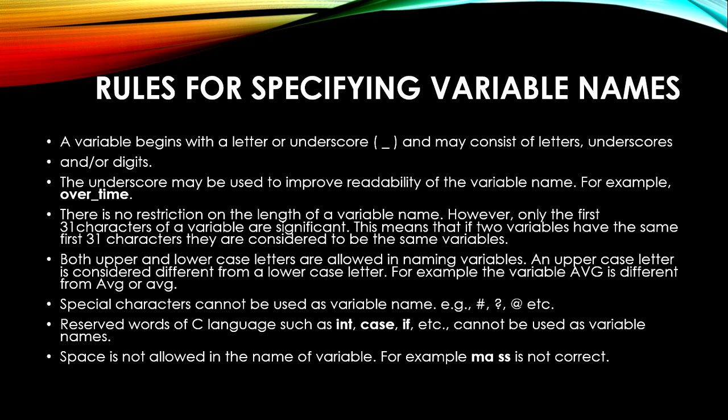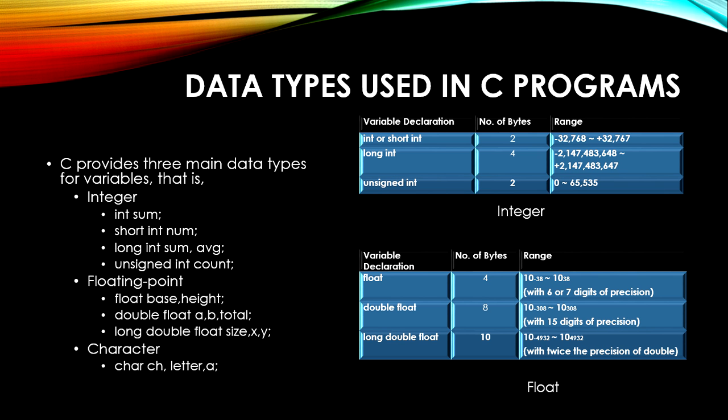There is no restriction on the length of a variable name. Both upper and lower case are allowed in naming variables. Special characters are not used in a variable name. Reserved words of the C language such as int, case, if cannot be used as a variable name. Space is not allowed in variable names.